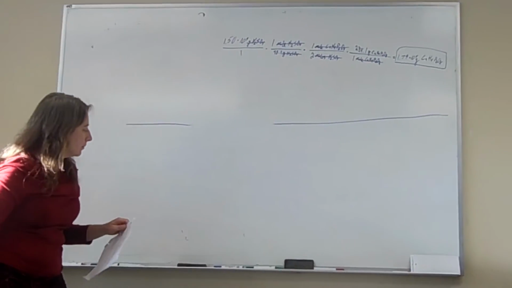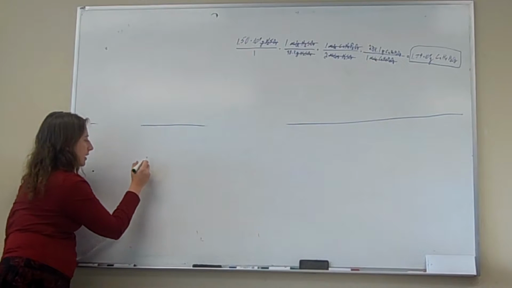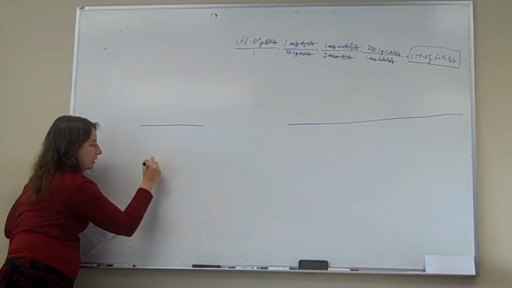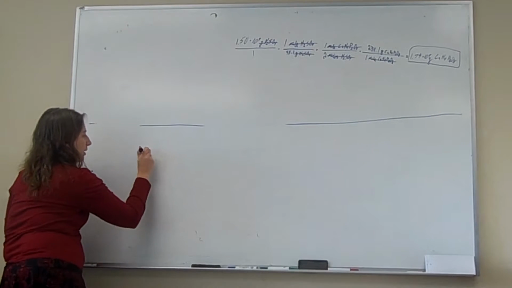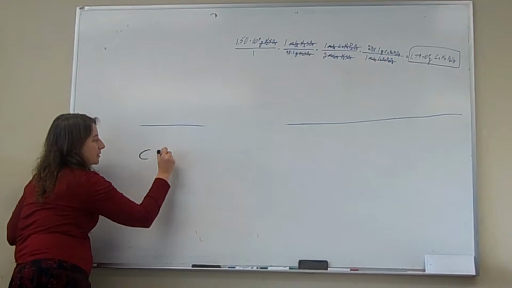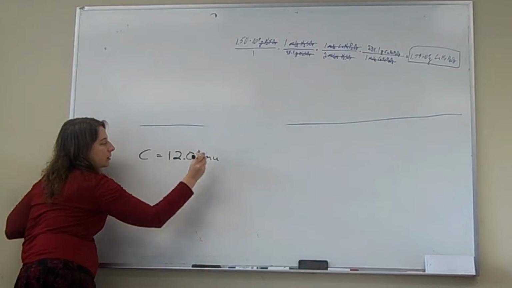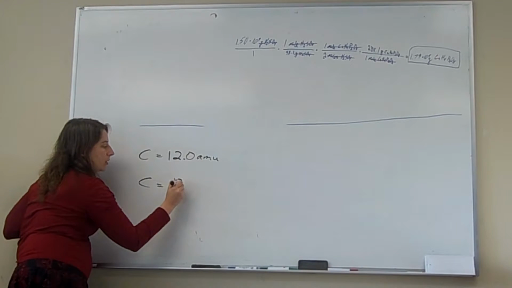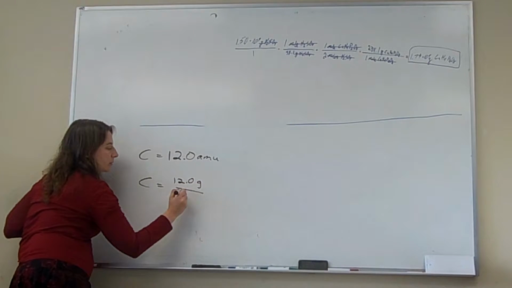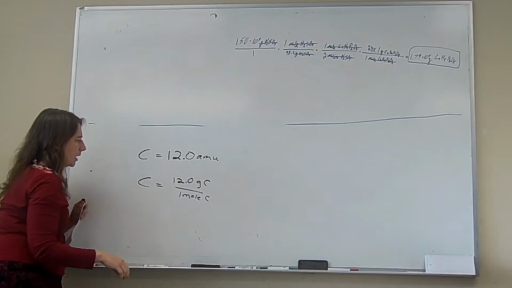If you are finding the molar mass, let's say of carbon, 1 atom is 12.0 AMU, but carbon is also 12.0 grams per 1 mole of carbon.